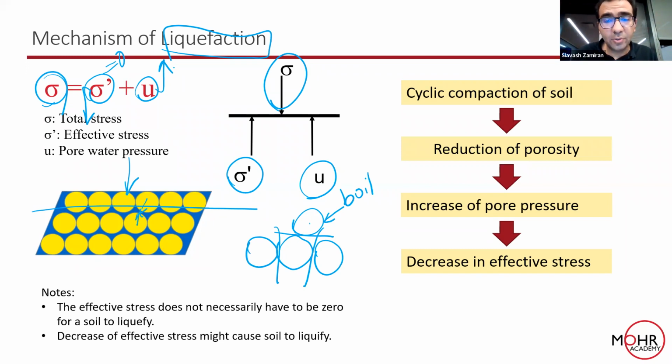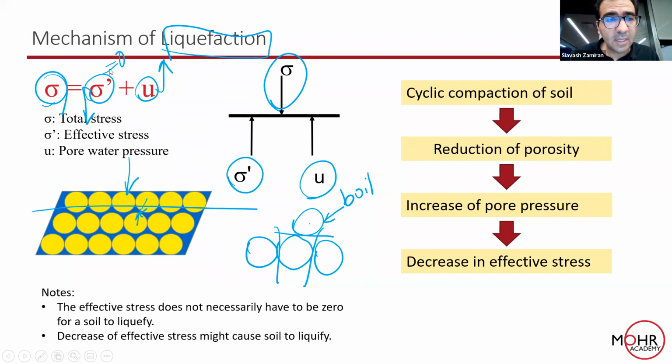Eventually the soil starts to boil or liquefy. That means it starts to act as just a liquid. And the main reason is that we are having zero effective stress in the soil. So this is the classic definition of liquefaction.